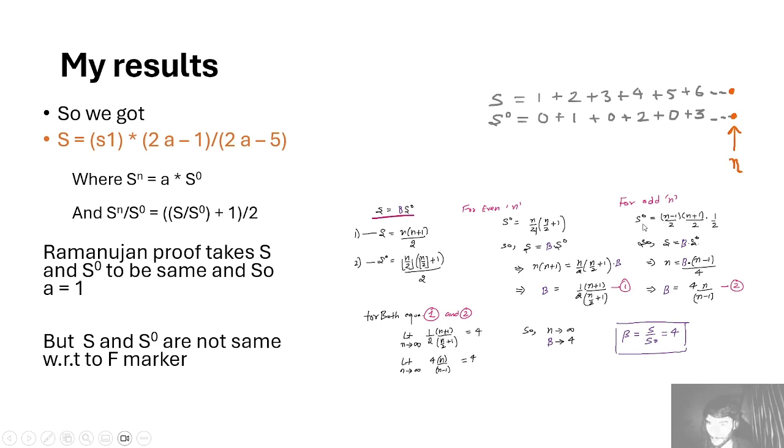Similarly, for odd n, we'll have a different S naught equation, and we'll use this S naught equation and the S equation to get a different equation for beta. So we have equations 1 and 2 for beta, both depending on n. And for n tending to infinity, we'll see the value of beta comes out to be 4.